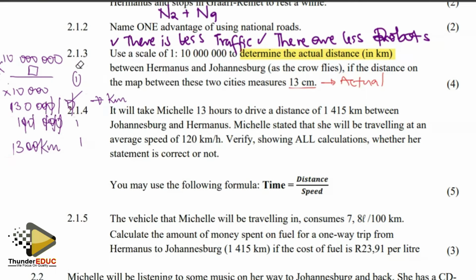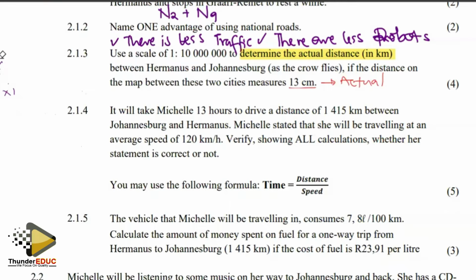All right, let's look at question number 2.1.4. It will take Michelle 13 hours to drive a distance of 1,415 kilometers between Johannesburg and Hammonds.